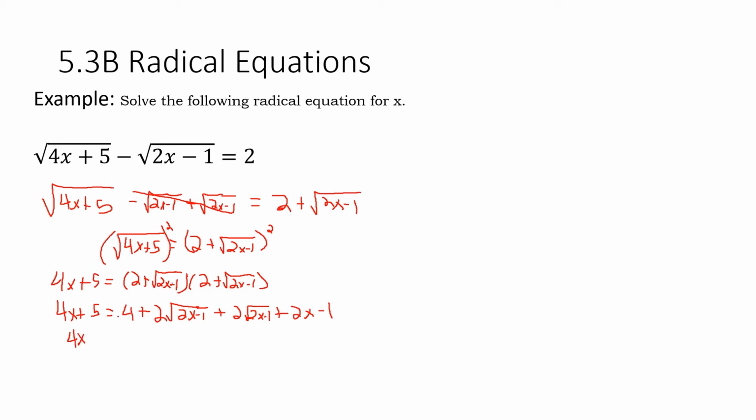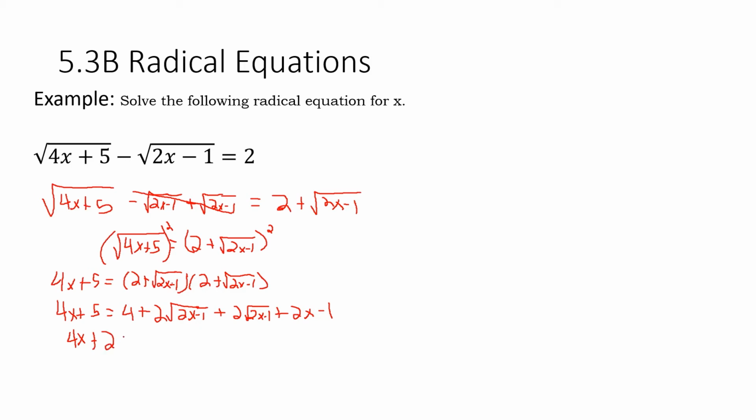Let's deal with the constants and bring it down to just one constant term. So 4 minus 1 is 3. Then we want to get rid of the 3 on the right side by subtracting 3 from both sides.